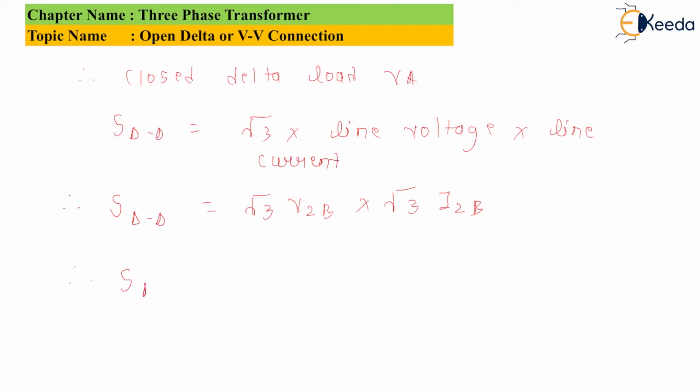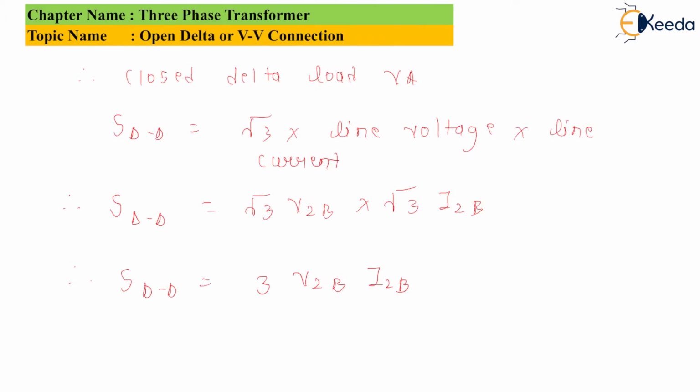If we further solve this, we get closed delta delta load is equal to 3 V2B into I2B. So when one of the transformers is removed, the delta delta transformer connection will get converted into open delta, that is VV transformer connection.